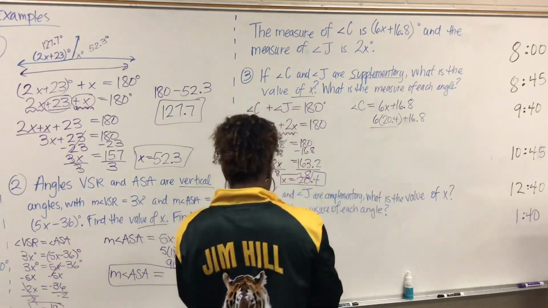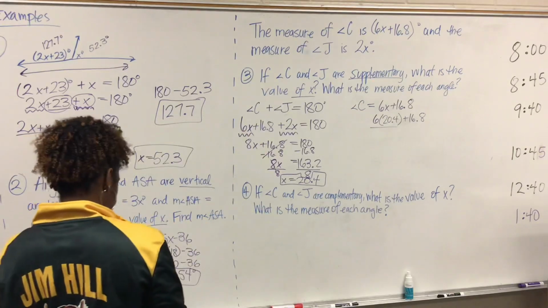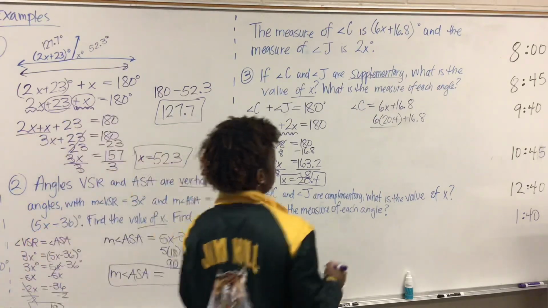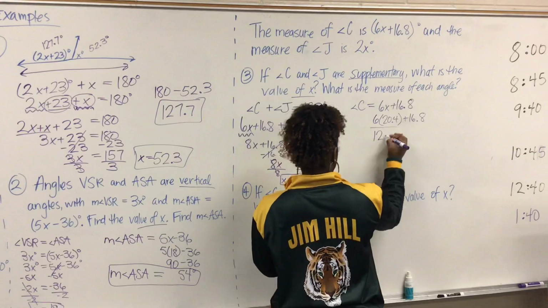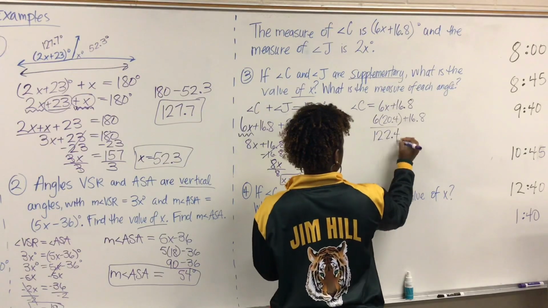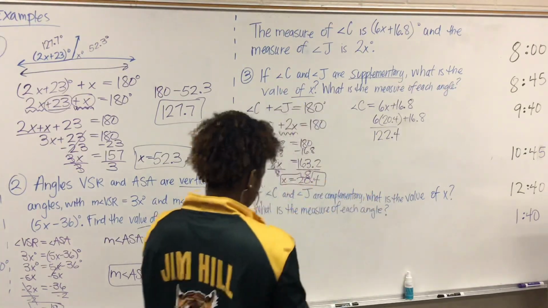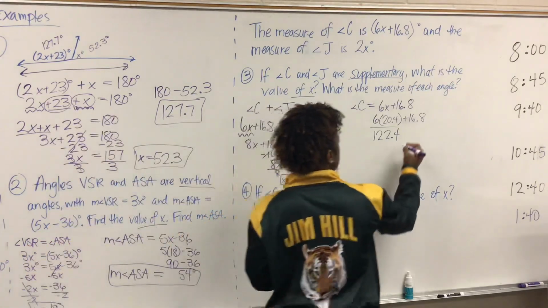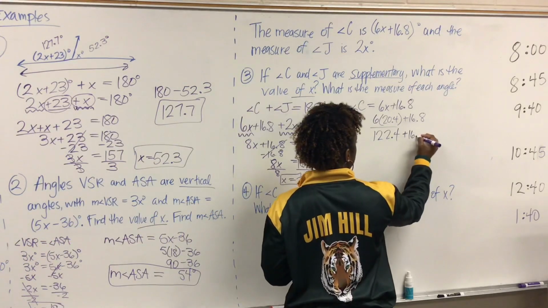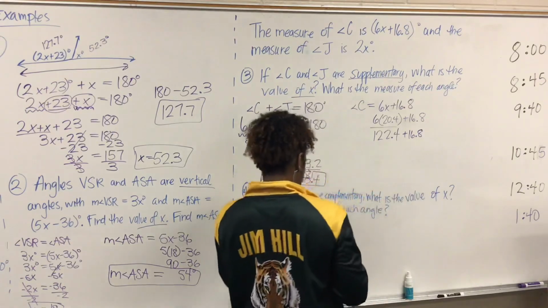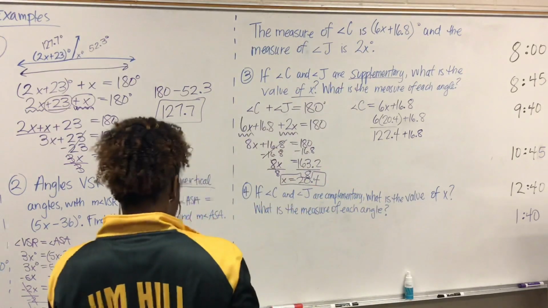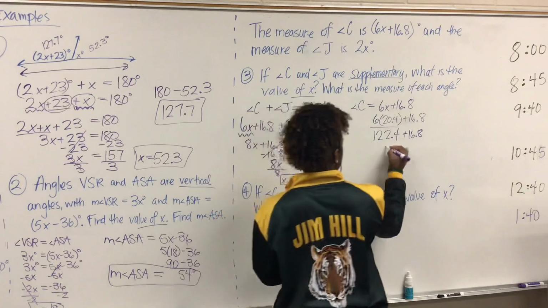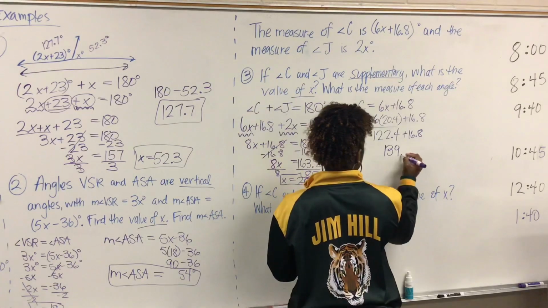So 6 times 20.4 is 122.4. Then I bring down plus 16.8, and I get 139.2.